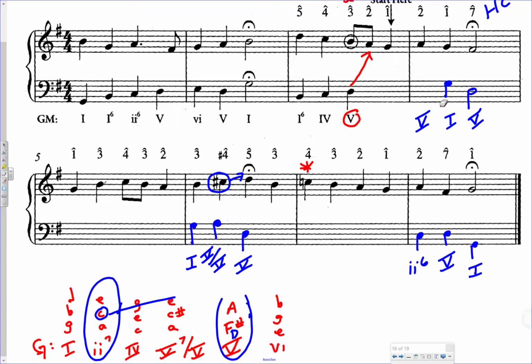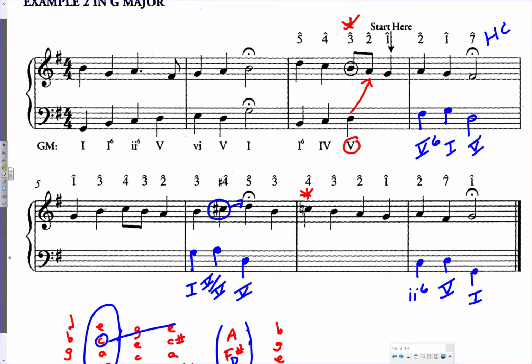So what if I inverted this 5 and made it a 5 6, which means that the bass would be singing an F sharp, which would also make for a smoother bass line. So I think I'm going to leave it as that. We have a 5 6 going to a 1, going to a half cadence 5 in root position. I like that progression.